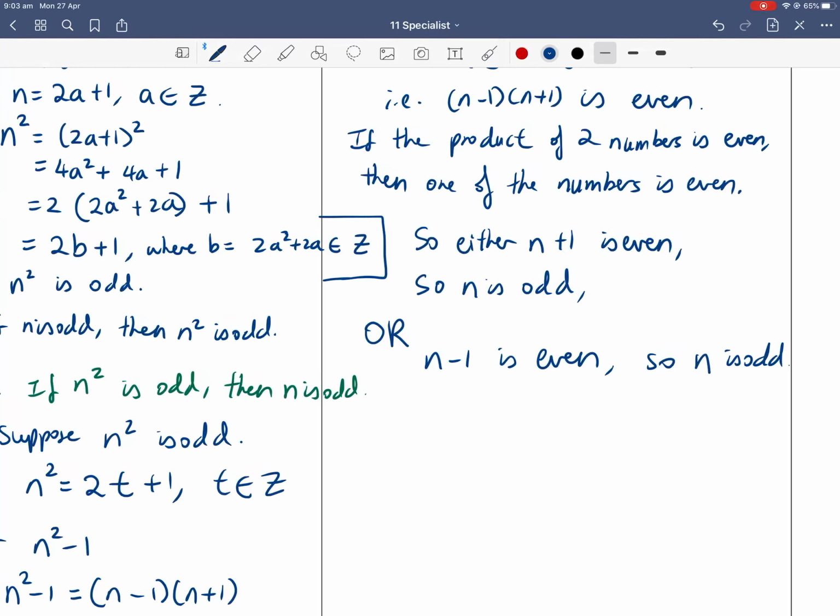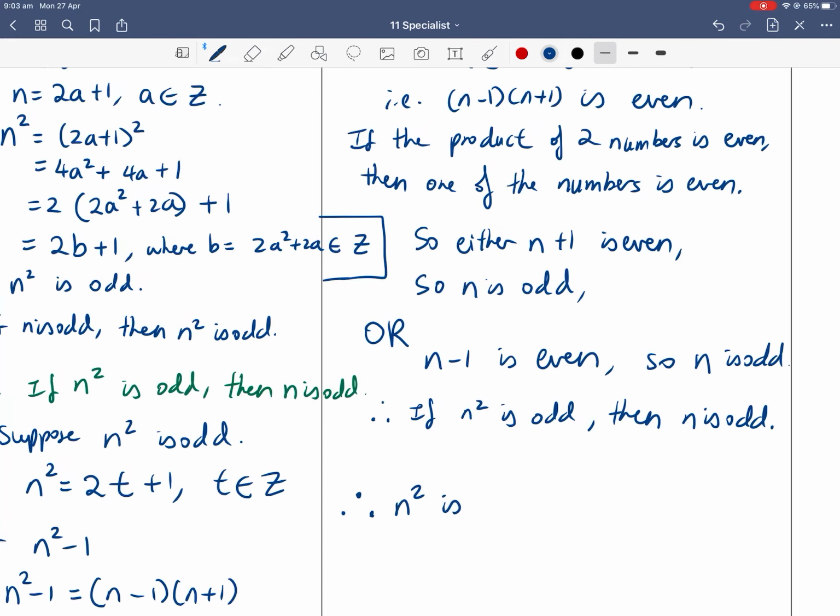Alright, so if the number before is even, then obviously the one after is odd, because again, a number can only be odd or even. So we've shown that if n squared is odd, then n is odd.